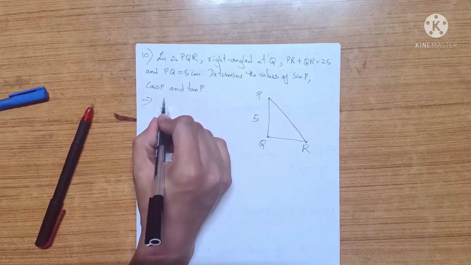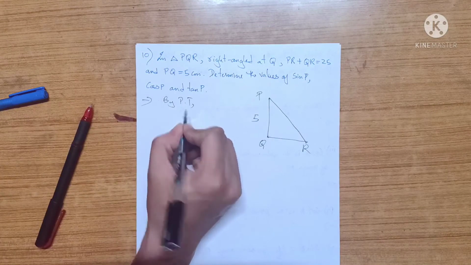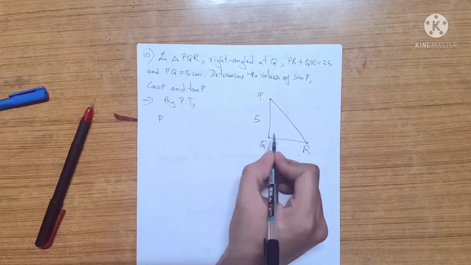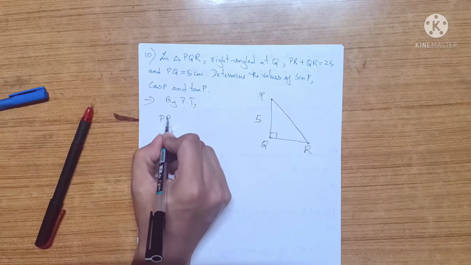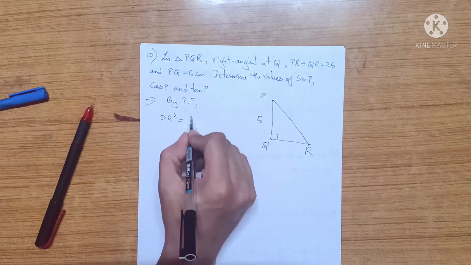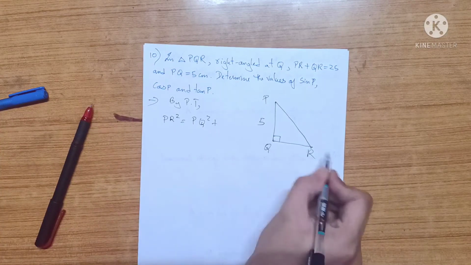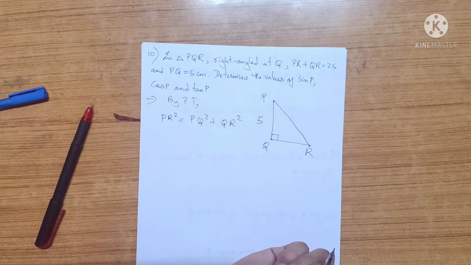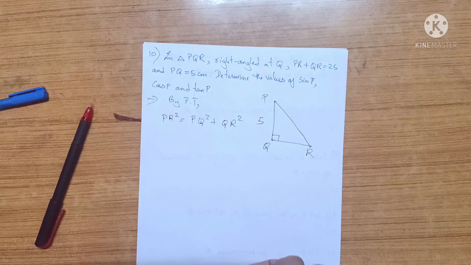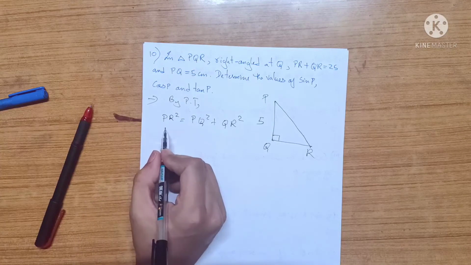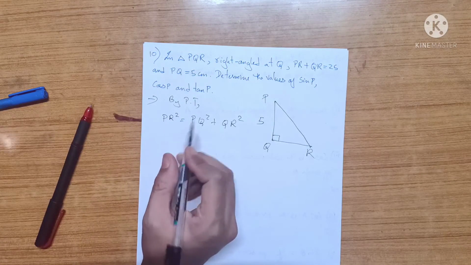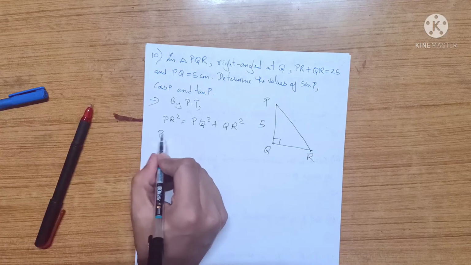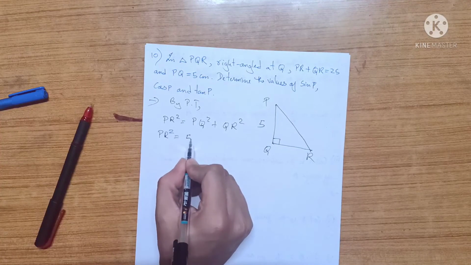If we use Pythagoras theorem, PR square, because we're assuming that this is 90 degrees, so PR square equal to PQ square plus QR square. Right? PQ is given. Let's put PQ 5.